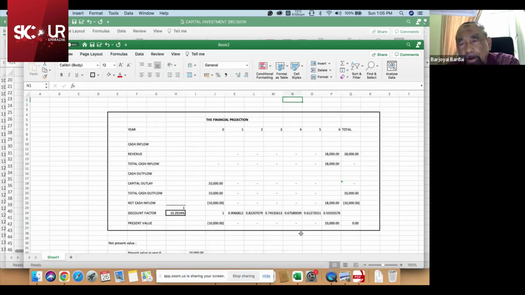But if your bond is having a coupon, then you will put in the return here in the revenue every year.